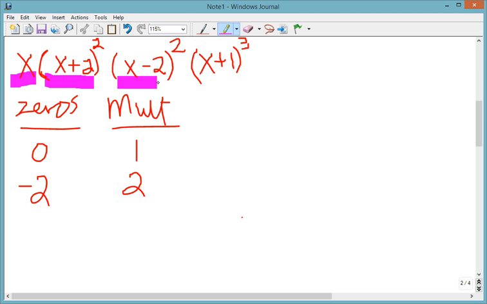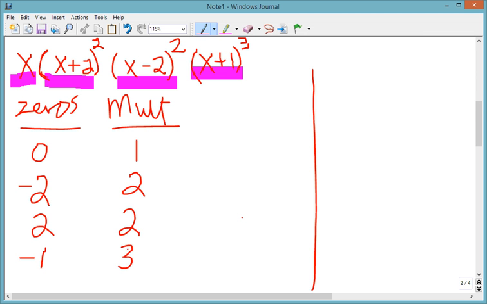Our third factor is x minus 2, so our 0 is 2, and it's to the second degree, so our multiplicity is 2. Our next factor is x plus 1, and that means that our 0 is negative 1, and it's to the third degree, so multiplicity is 3.